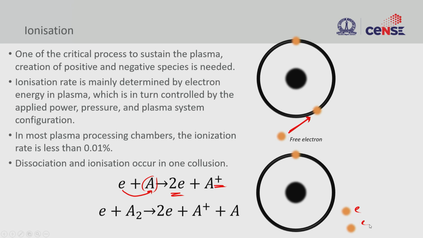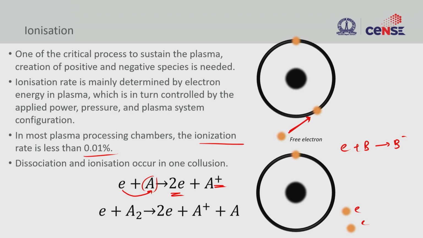The other case is also possible. You have an electron coming in, and some molecules have a high electron affinity, so E plus B, let's say, will give you B minus. You can attach this electron to this molecule, and that will become electronegative. These ionized gases make up about 0.01% of the total plasma.